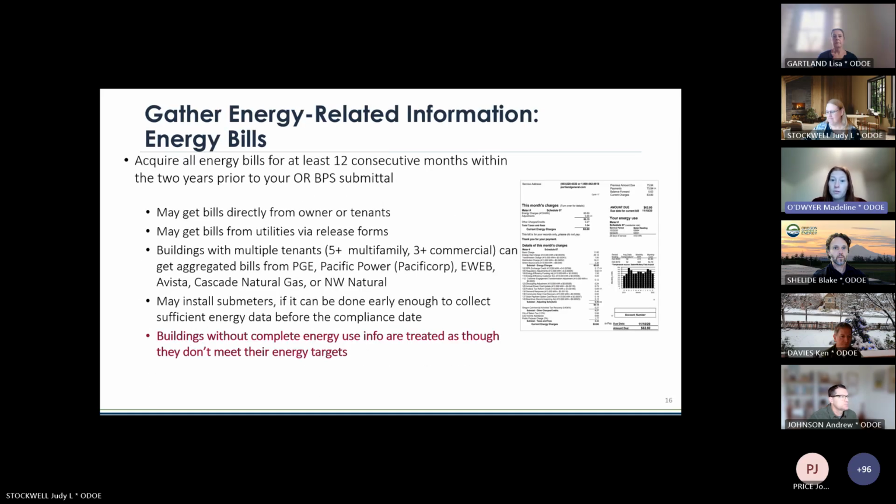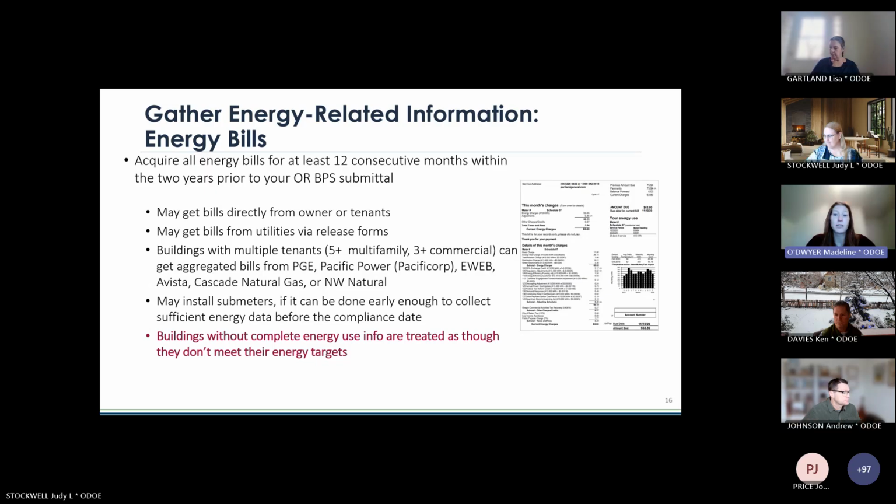Maybe you had a piece of equipment break down. Maybe you didn't have too many people in the building and your energy was looking great for a few months. We don't care where that sliding scale is as long as it falls within the 2 years prior to your date and it's 12 consecutive months.